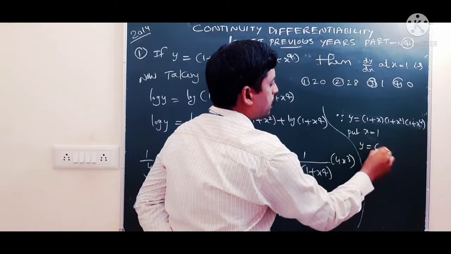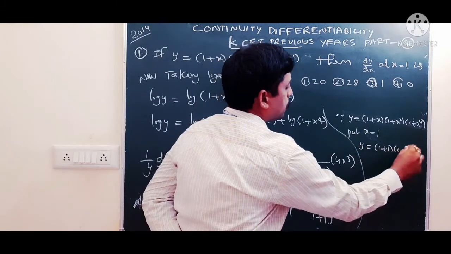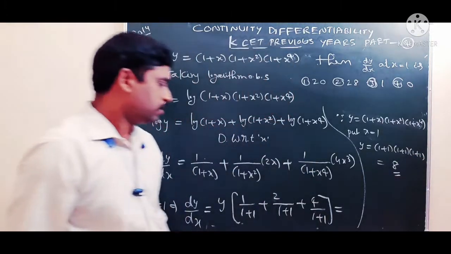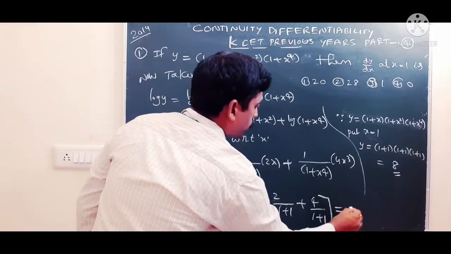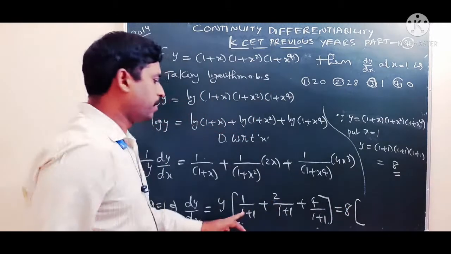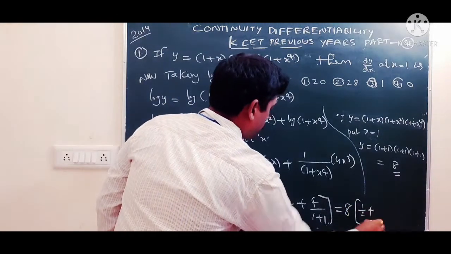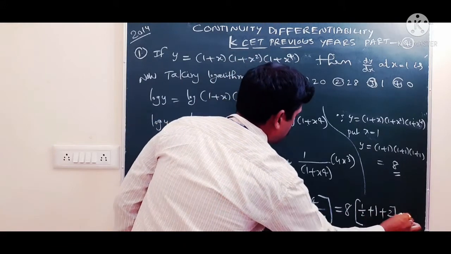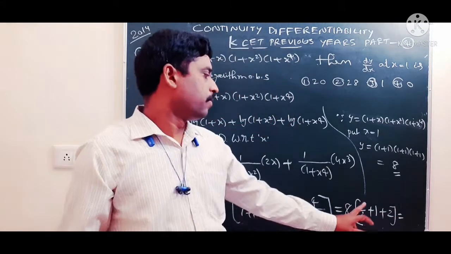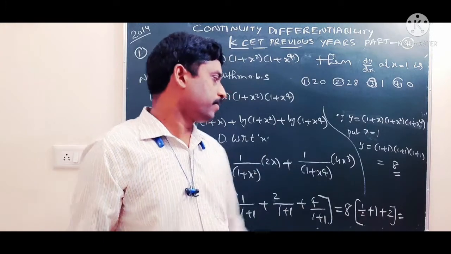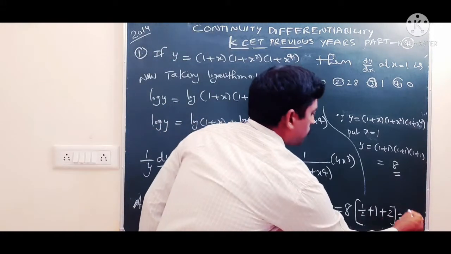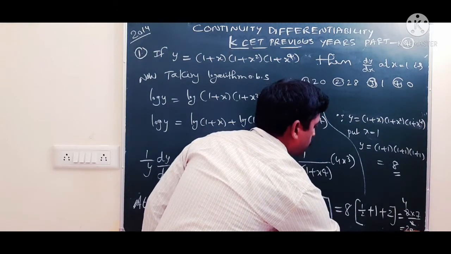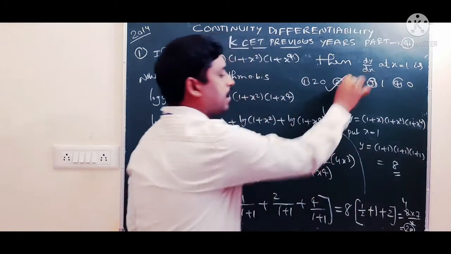So y is equal to (1 plus 1) into (1 plus 1) into (1 plus 1), this will be 8. So y value 8 times of 1 by 2 plus 2 by 2 plus 4 by 2. So this would be 1 by 2 plus 1 plus 2, which is 7 by 2. So 8 into 7 by 2, 2 fours are 8, 4 sevens are 28. Answer is 28. So which option is correct? Second option is correct.